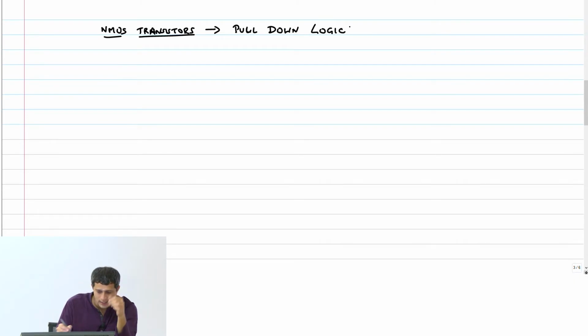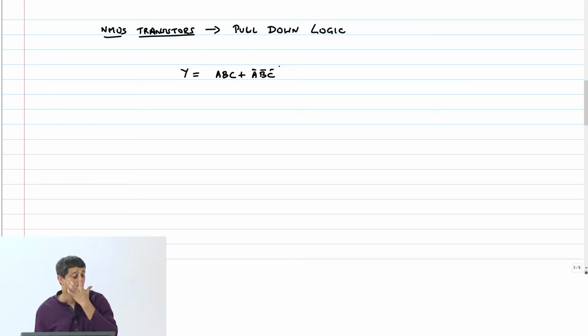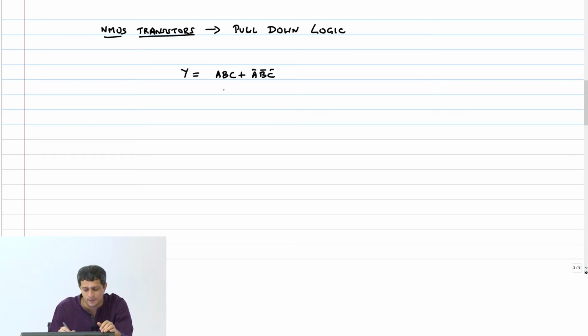Clear? So let's go back now and look at this sum of product term that we had. Let's say ABC plus A bar, B bar, C bar. So what does this thing mean? It means that when any of the minterms become 1, then the output is going to go high. And all the switches in each of the minterms is an active high switch, right?